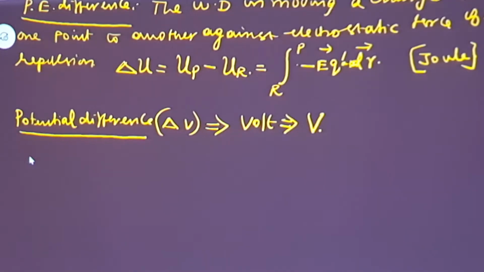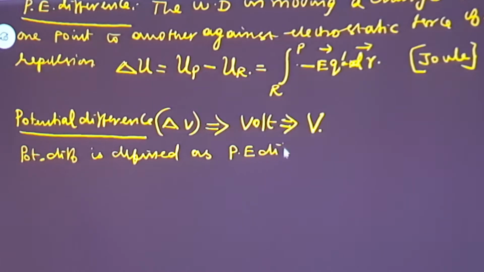So we can define it in two ways. One, we can state it as: potential difference is defined as potential energy difference per unit charge.